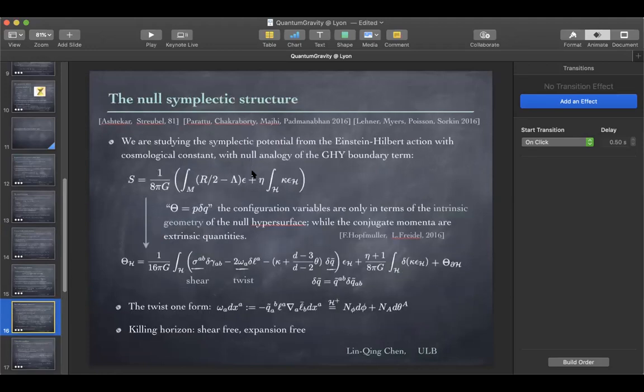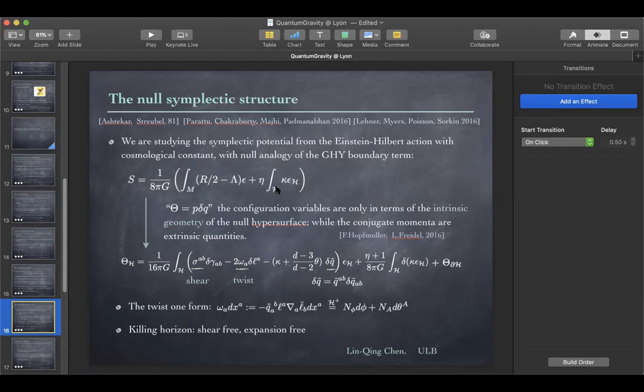It's like the choice of your corner. You can recast this piece as a boundary term of the Lagrangian, and on the symplectic potential, it will be an integration along the whole horizon. It will be kappa times the volume form of the horizon, and eta is a number times that, which corresponds to the Lagrangian having a kappa epsilon term.